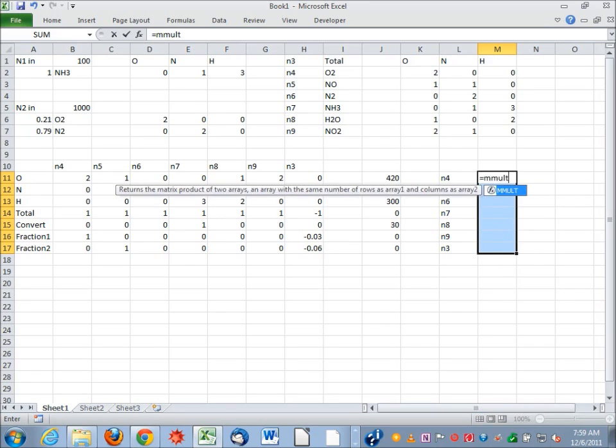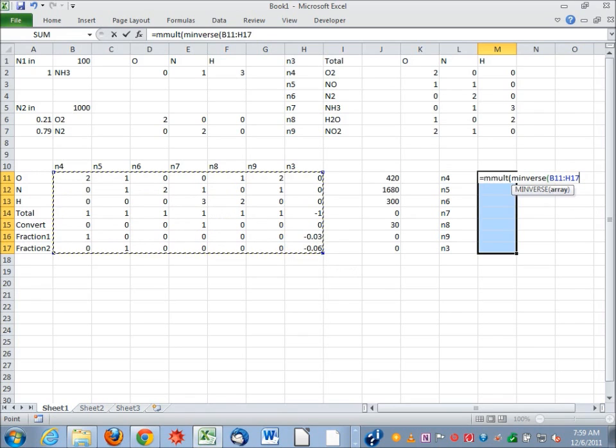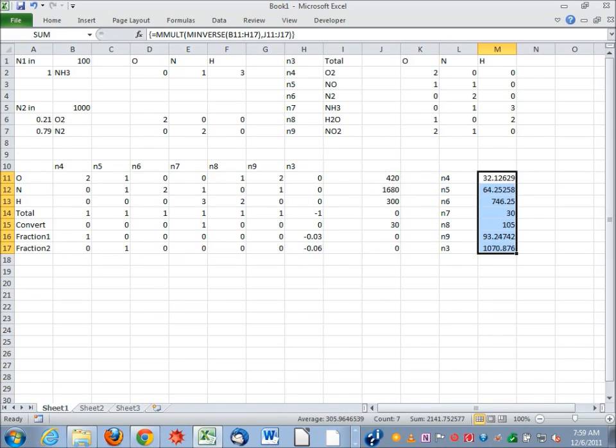We set this region equal to MMULT of MINVERSE of our data area and multiply it by our answer column and then hit Control-Shift-Enter.